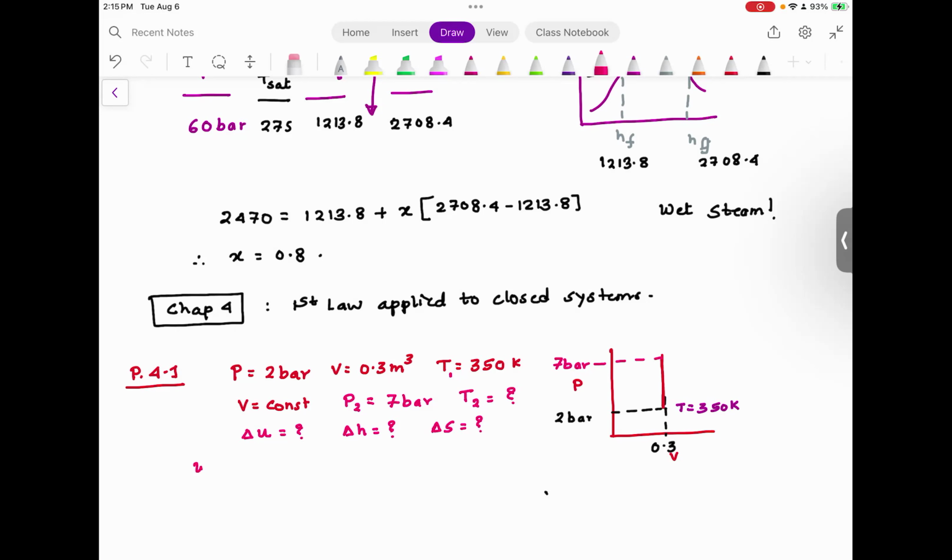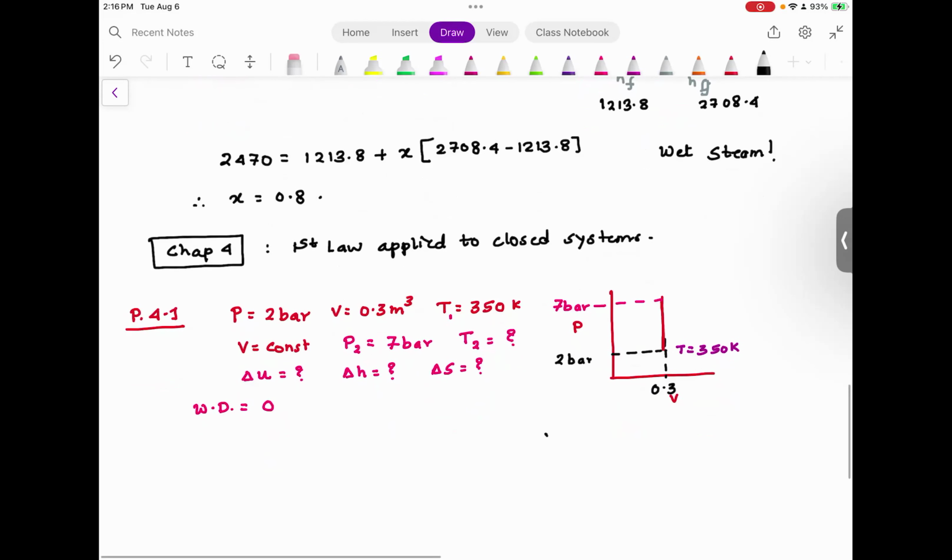Correct. Work done in a constant volume process is 0. But even though the work done is 0, the gas law P1 V1 is equal to R T1, P2 V2 is equal to R T2 is going to be the same.